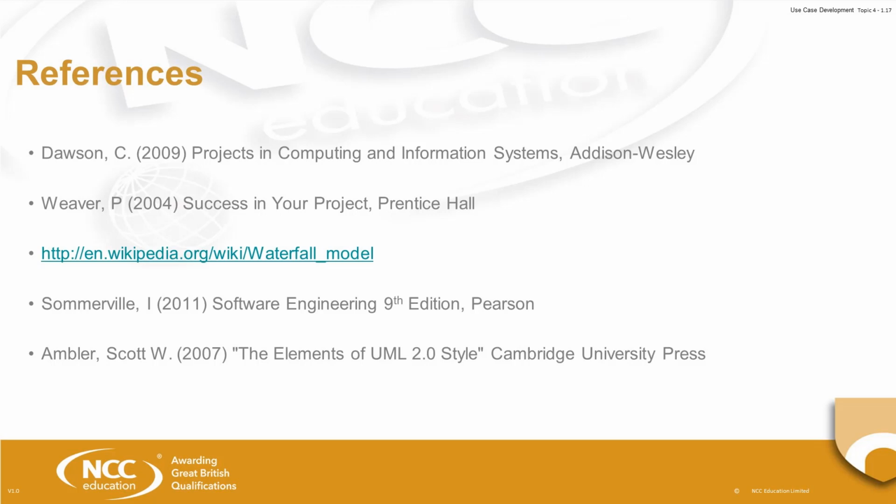The book by Somerville will mention use cases, but probably the most useful reference here is Scott Ambler's book, and he's also got a website, and the book is called The Elements of UML2 Style. The website actually contains quite a lot of information about use cases as well, so it's definitely worth having a look. So do a quick search for agilemodelling.com and you should find Scott Ambler's pages about use cases.